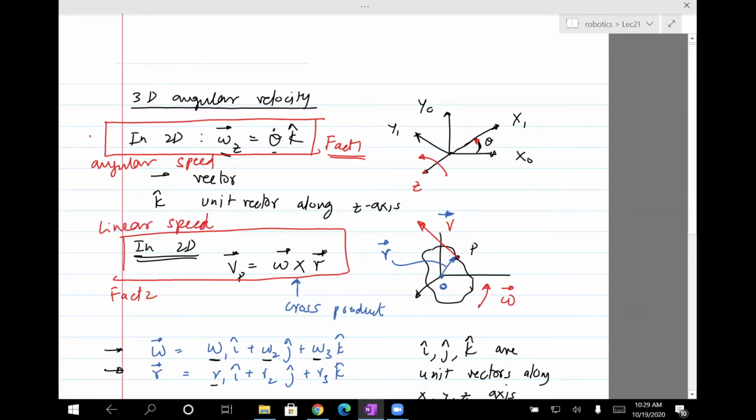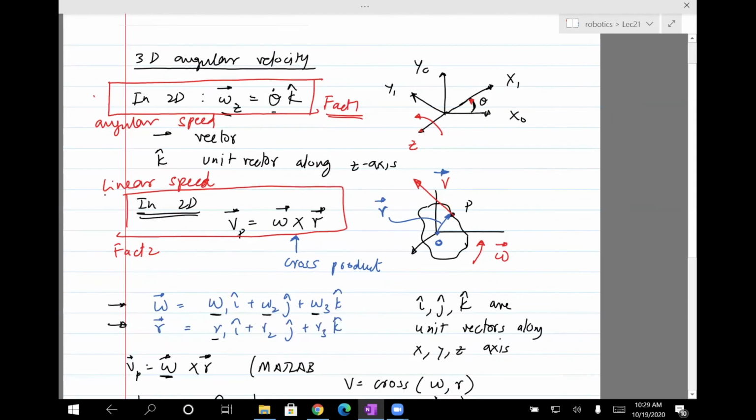Okay, so the good news is that this formula, which I wrote down in 2D, is actually valid in 3D. So you just write the same thing in 3 dimensions and it's nice. However, this fact about the angular speed, which is true in 2D, that is omega z equals theta dot k, doesn't quite translate to 3 dimensions, and that's why it makes 3D rotations quite hard.